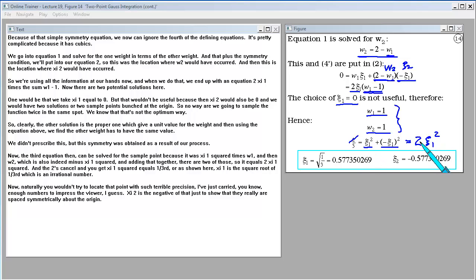Then the 2's cancel, and you get C1 squared equals 1/3. Or, as shown here, C1 is the square root of 1/3, which is an irrational number. Now, naturally, you wouldn't try to locate that point with such terrible precision. I've just carried enough numbers to impress the viewer, I guess. C2 is a negative of that, just to show that they really are spaced symmetrically about the origin.